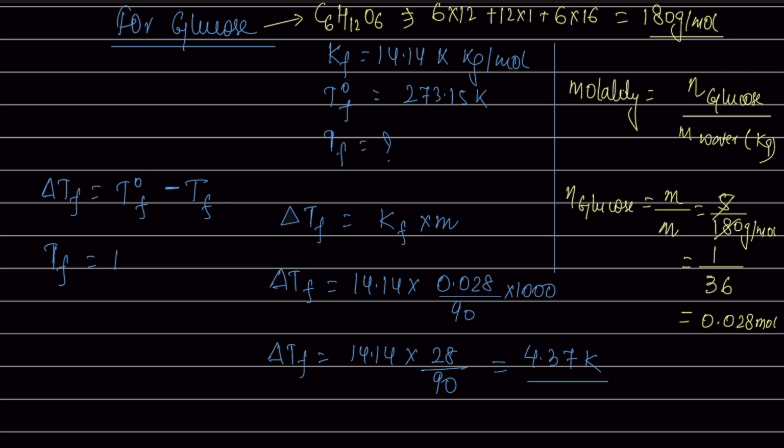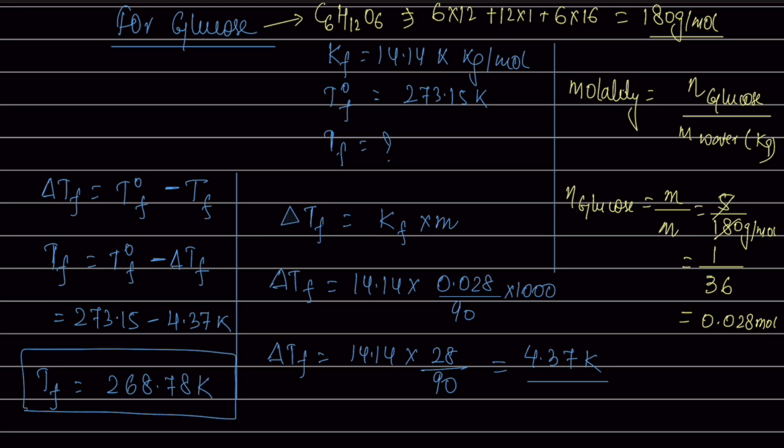It's equal to T0F minus delta Tf. Substituting the values, 273.15 minus 4.37 Kelvin, so Tf is equal to 268.78 Kelvin. This is the answer of this question.